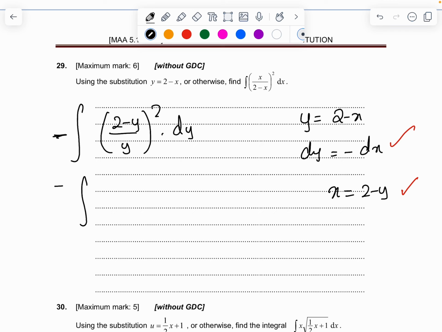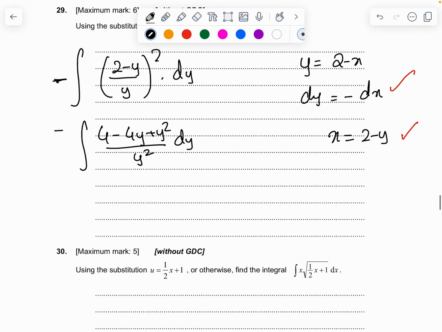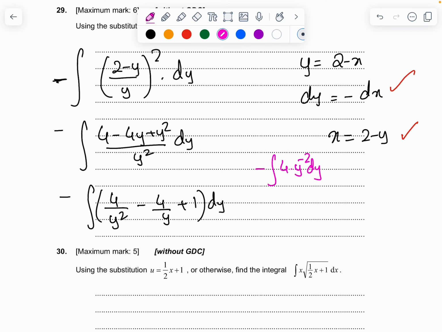So it becomes minus of 4 minus 4y plus y square divided by y square dy. So minus of 4 upon y square minus 4 upon y plus y square by y square is 1 dy. Now what should that be? It becomes minus integral of 4y to the power of minus 2 dy plus 4 times 1 upon y dy minus 1 dy.